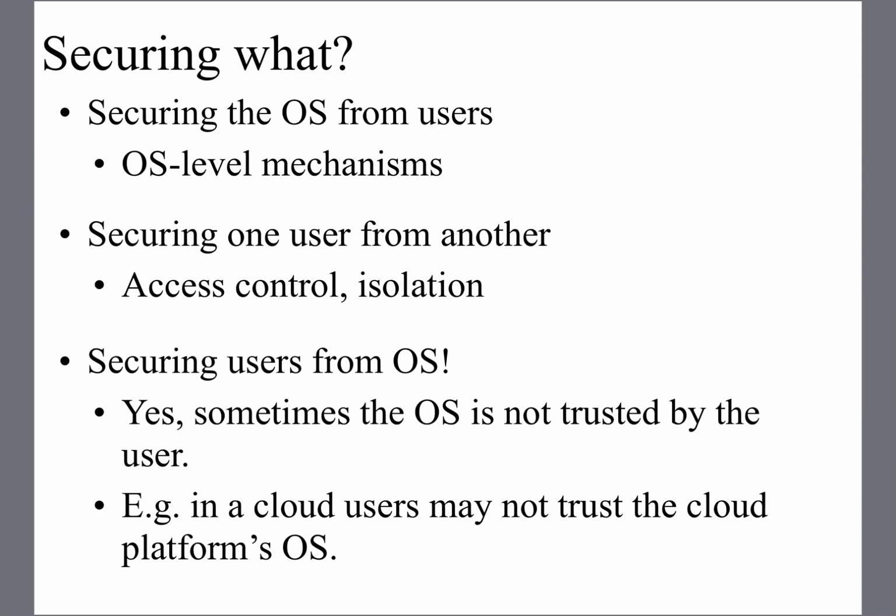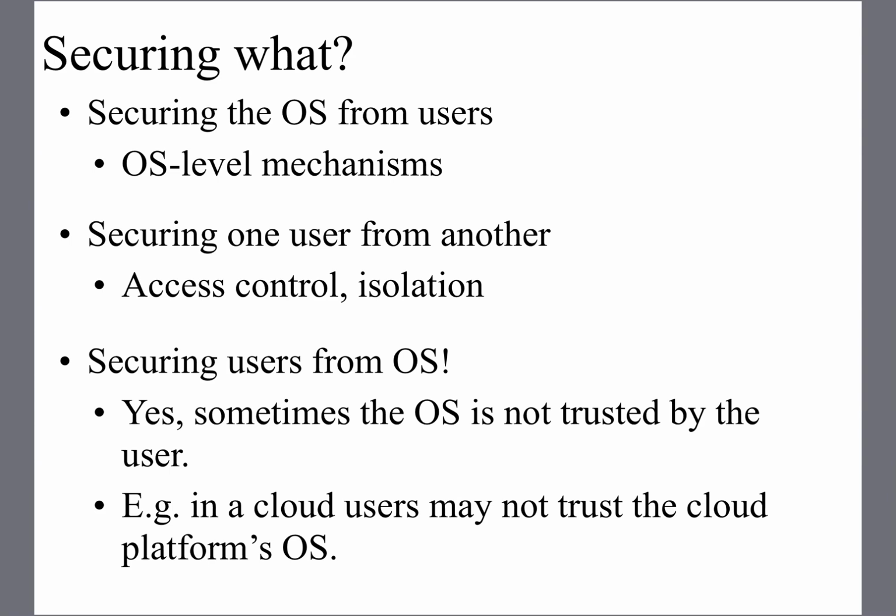And finally, sometimes users also need to be protected from the operating system. For example, if you log into a virtual machine running on a cloud platform, you don't know who this cloud provider is, or how trustworthy they are, or whether the employees of the cloud platform are trustworthy.